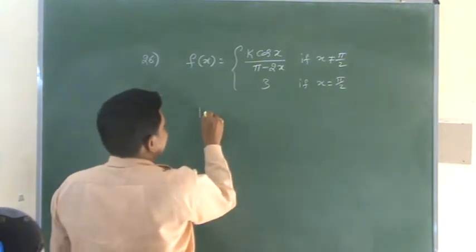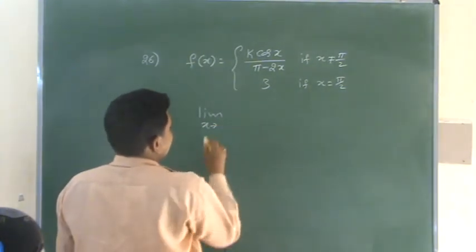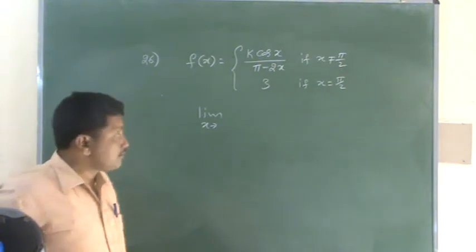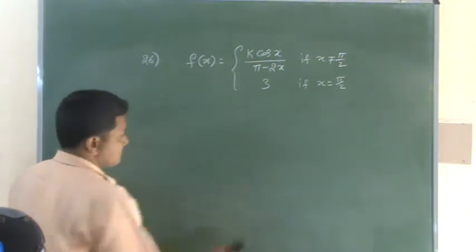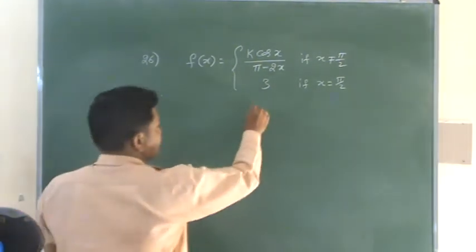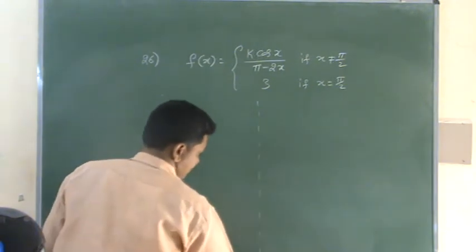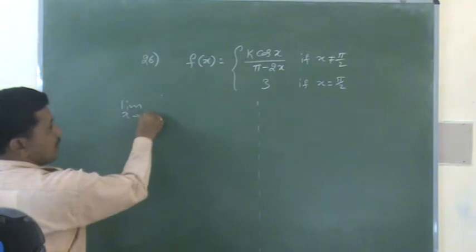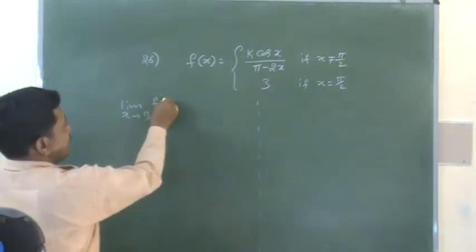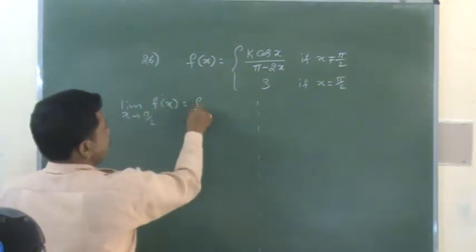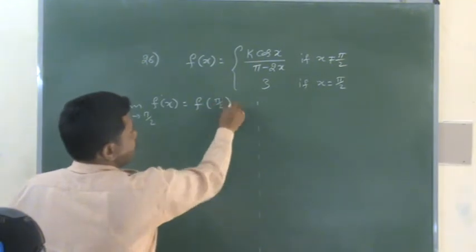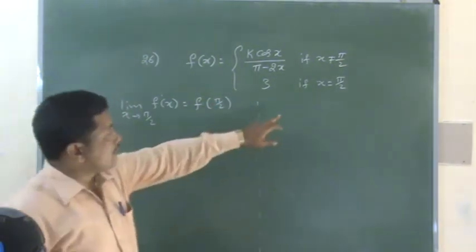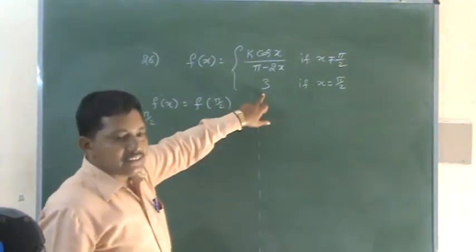Now here, continuous means limit x tends to pi by 2 of f of x is equal to f of pi by 2. We know that here x is equal to pi by 2 means the value is 3.